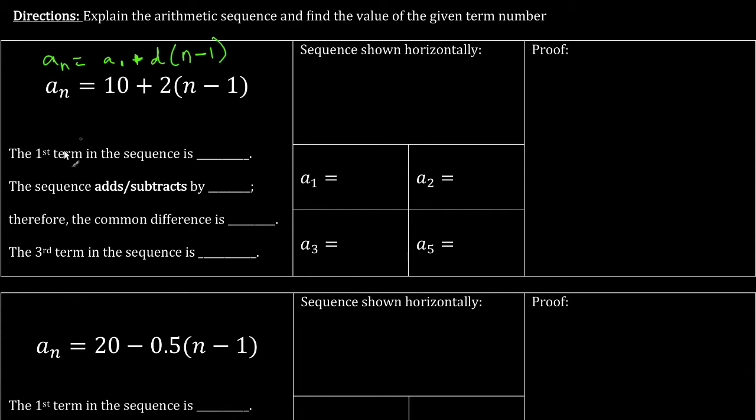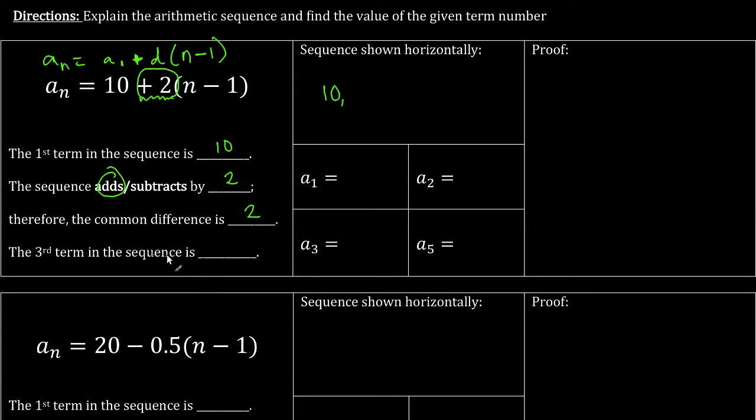So this A1, the first term, we start off with 10. So basically your list starts off with 10. It's going to add or subtract. We look at this: this is the common difference. We're adding 2. Therefore, the common difference is positive 2.